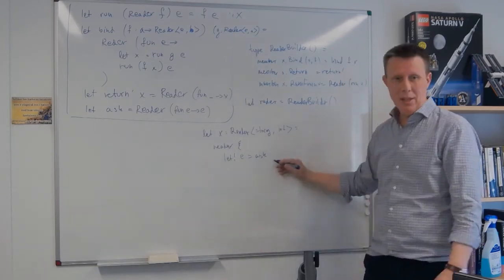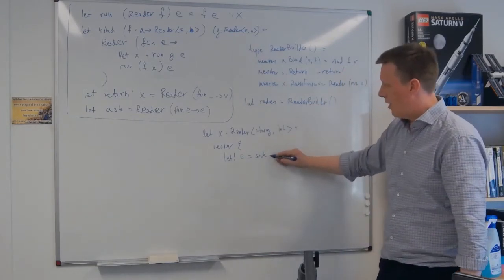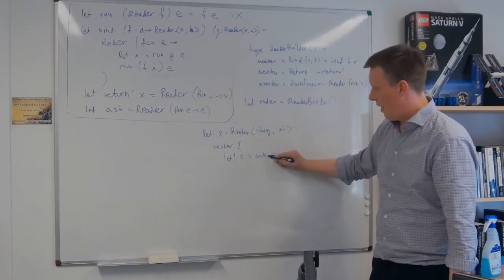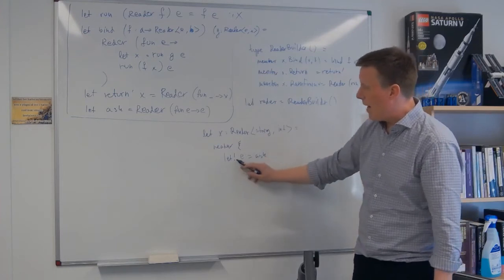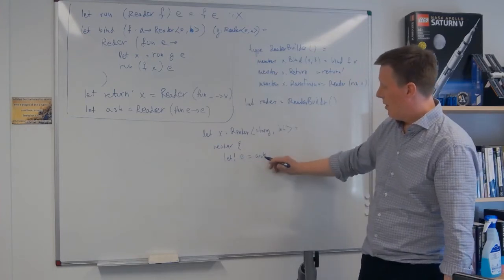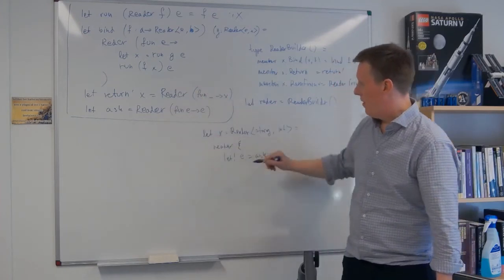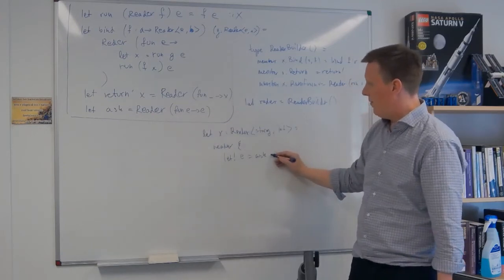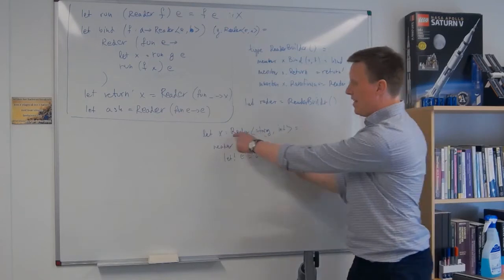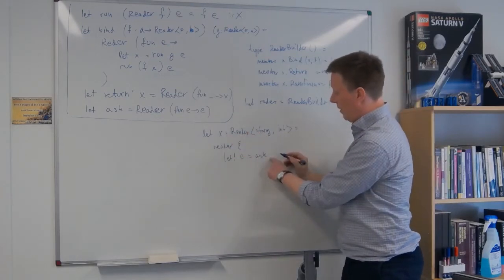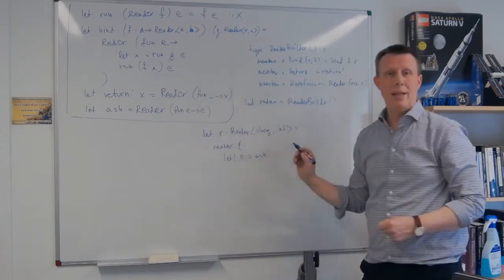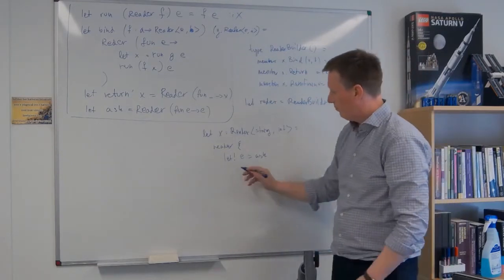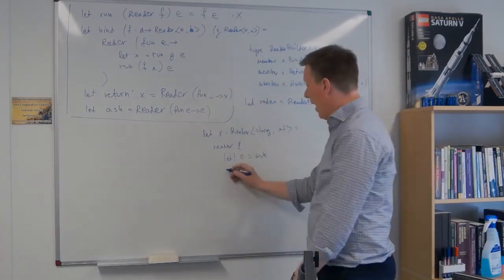This looks like magic, but this is actually a function invocation, because what this let bang will do is strip the reader over and execute this function, which will receive an environment. When this is run, this will receive an environment, and then it will just return that value. So this is kind of magic. And now I can just use that e.